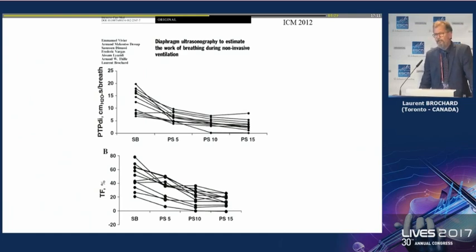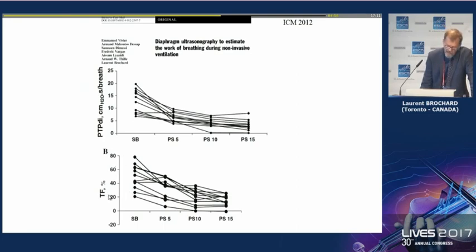What does it mean? Well, it's probably a little bit complex, but for instance, this is a study we did with Emmanuel Vivier, measuring the PTPdi, so a complex measurement with two balloons in the esophagus and the stomach during spontaneous breathing. It was patients just extubated and receiving non-invasive ventilation, with 3 levels of pressure support. And you see, as expected, that the work of the diaphragm is going down.